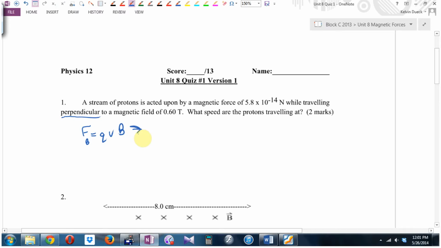I want to get the V by itself, which is going to be F over QB. Let's see. 5.8 times 10 to the negative 14 all over Q. It's a proton, 1.6 times 10 to the negative 19. B, 0.6.